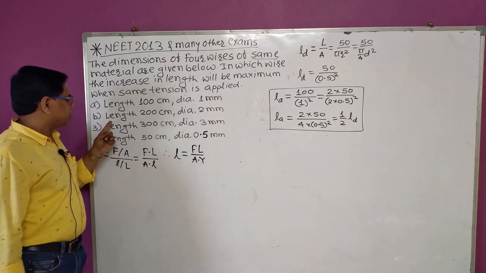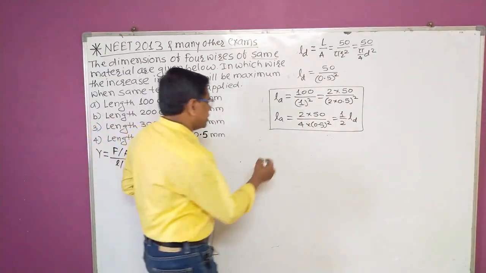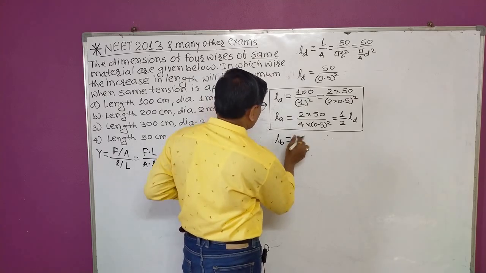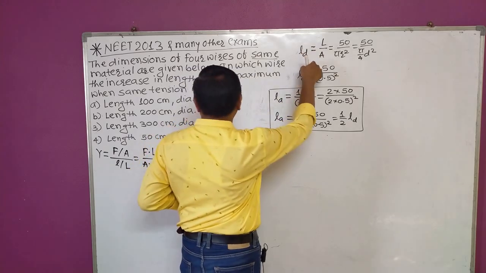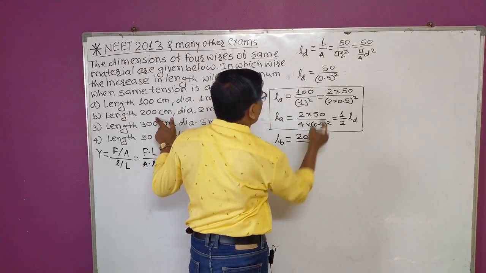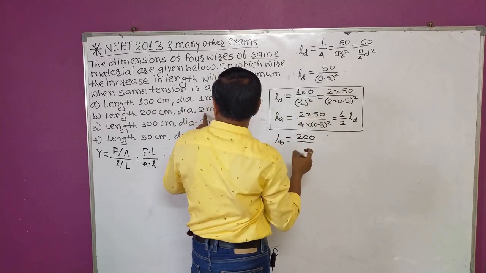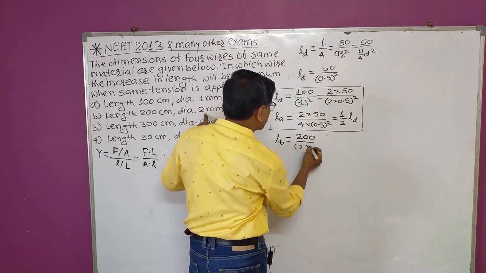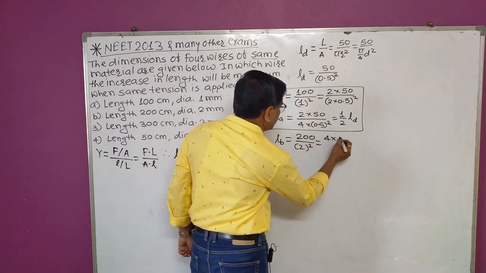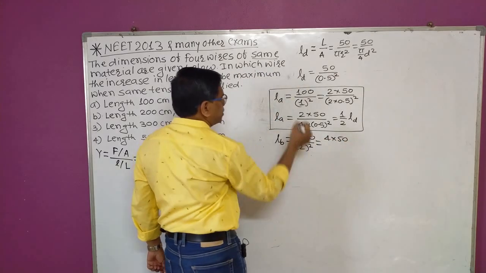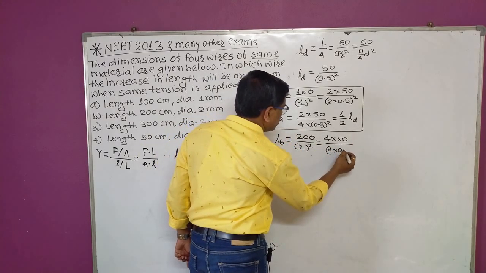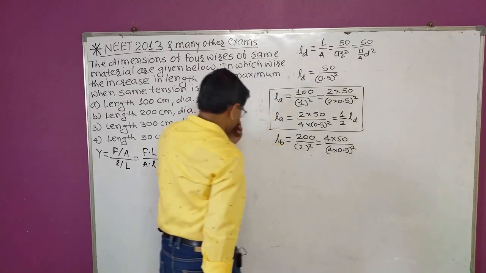Now we will calculate the elongation for the second wire. Length is 200 centimeter and diameter is 2 mm. So we get LB is equal to L upon A, so 200 upon pi by 4 d square, with d as 2 mm square. This is 4 into 50 upon 4 square into 0.5 square.